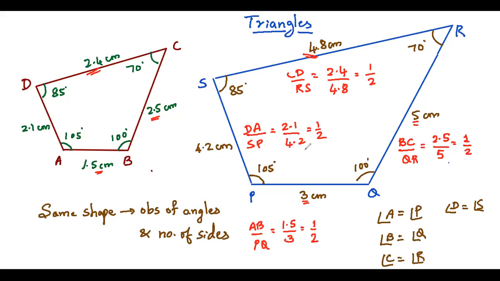So we observe that the corresponding sides are in the same ratio. So what ratio are they in? 1:2. That means scale factor is 2 times.